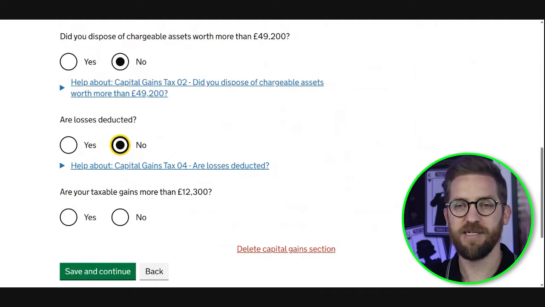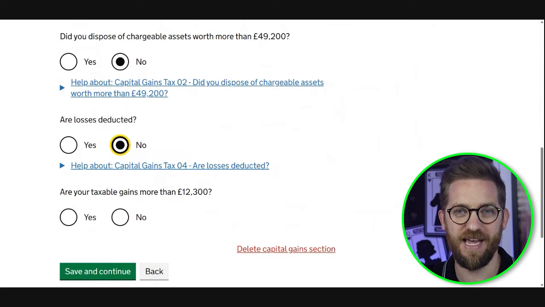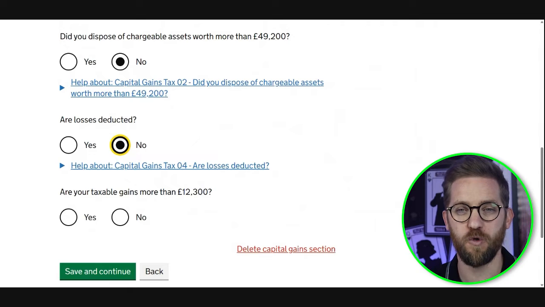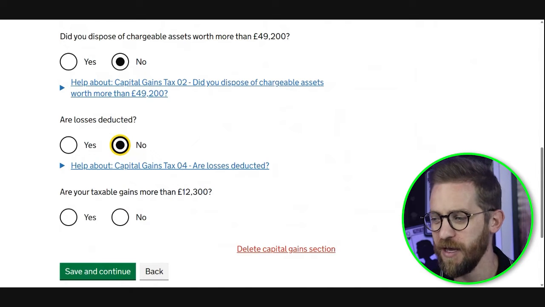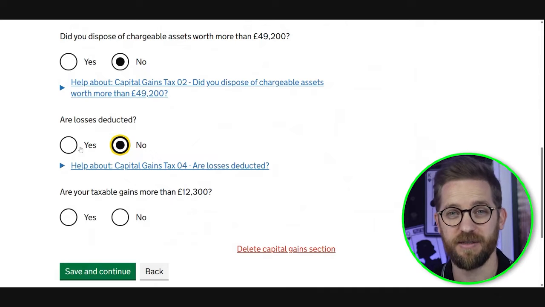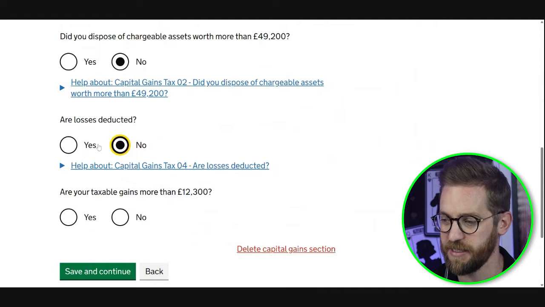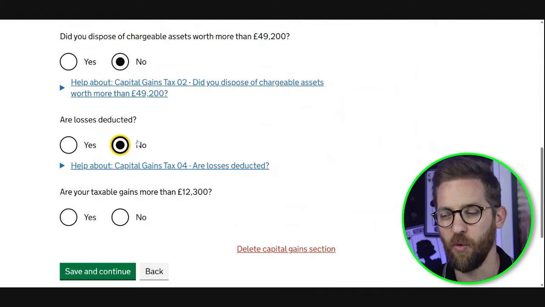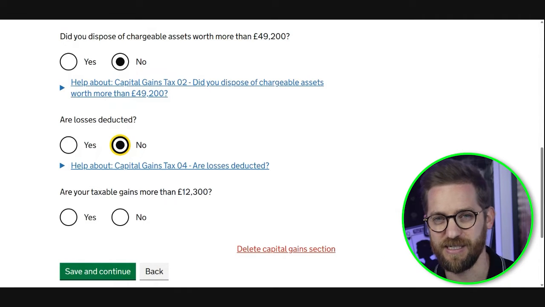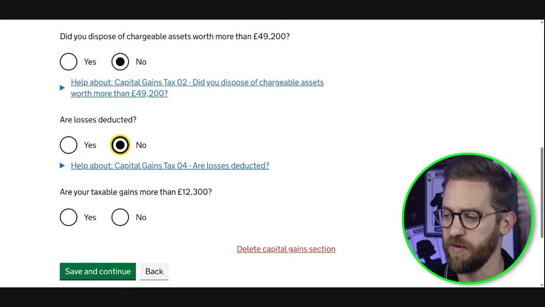Typically, the rule is that any losses are offset against gains in the same period. Okay, so if you do have the two, you need to combine them together, and you would tell HMRC, by the way, I've already deducted some losses in the current tax year. Again, in this example, I'll assume that I've only got capital gains in the year and I haven't made any disposals that resulted in a loss.